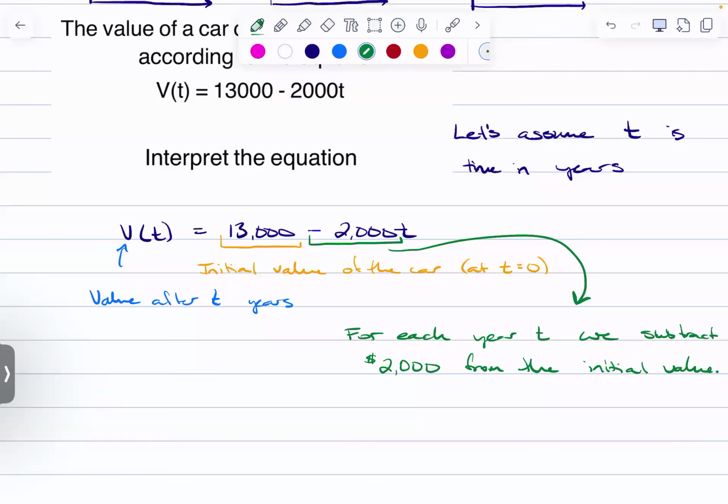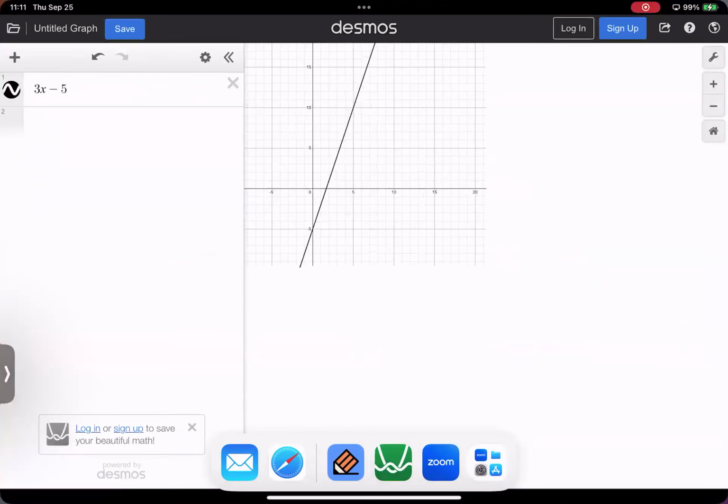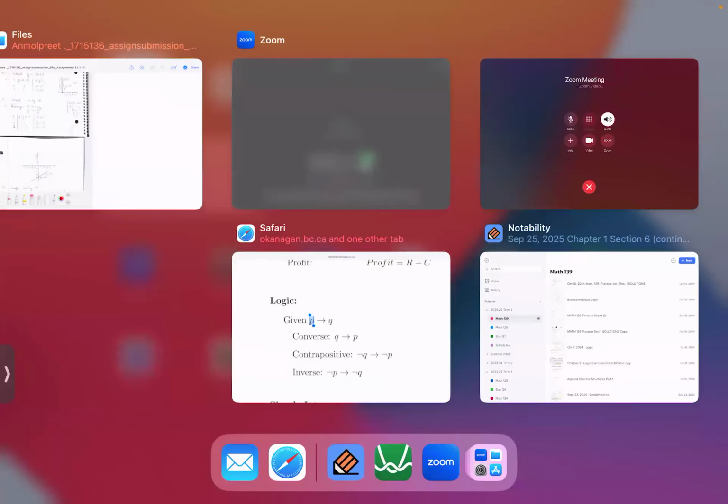Okay. From here, you can solve things like, when is it not worth anything? And so what do we know about this line, 13,000 minus 2,000 t? If t is my input, that's essentially my x, right? And so I have a negative slope, so I know the value of the car is just plummeting. We know that about cars, right? And so if I wanted to, I could restart Desmos, hoping it works this time.